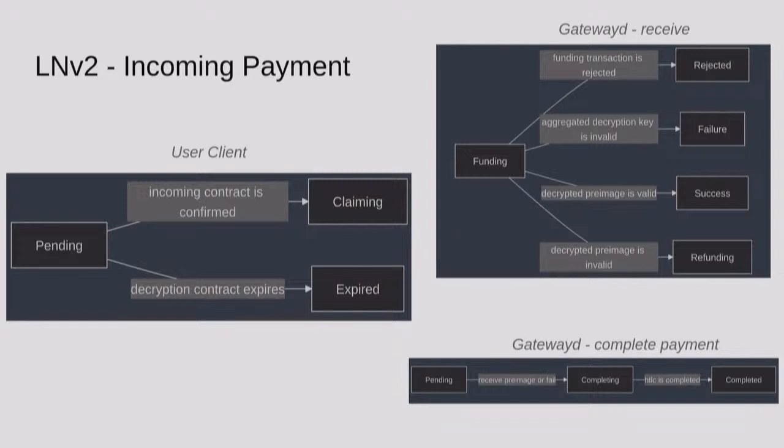We also ensure that if the state machine expires and stops looking for the incoming contract, it can actually not be confirmed anymore. When we encrypt the pre-image, as part of the public data that we are committing to, we put a Unix time in there, and we say, okay, this is the latest time that you can decrypt this pre-image.